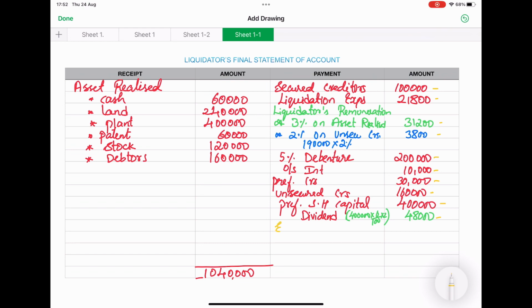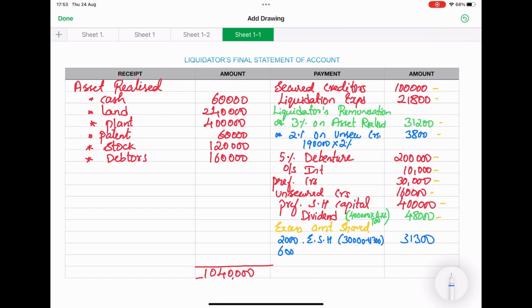So the excess amount shared among the equity shareholders. For the first, I'll write 2,000 equity shareholders will get 30,000 plus 1,300. Total will be 31,300.